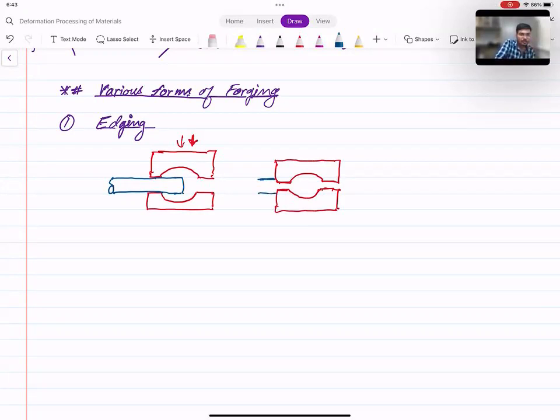It fills the die cavity and takes the shape of this die.